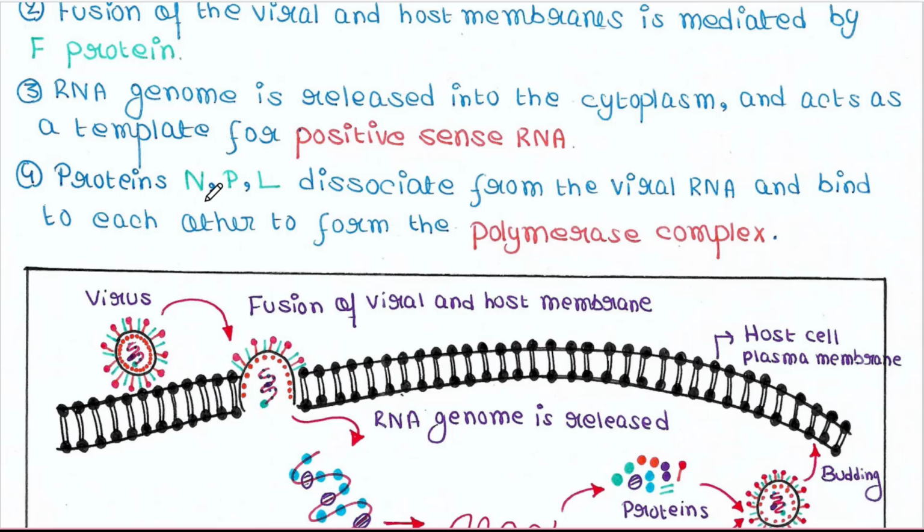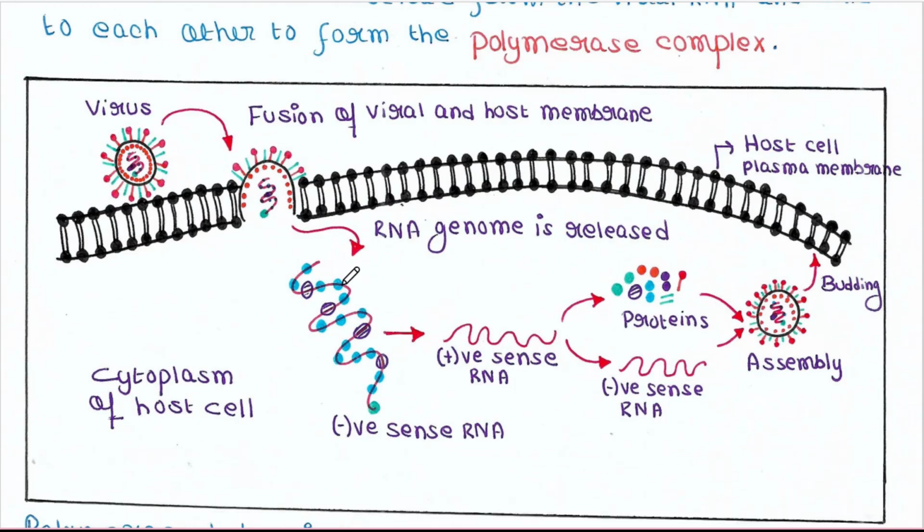The proteins N, P and L dissociate from the viral RNA and bind to each other to form the polymerase complex. So these three proteins will be dissociated from this negative sense RNA, and they will form the polymerase complex.